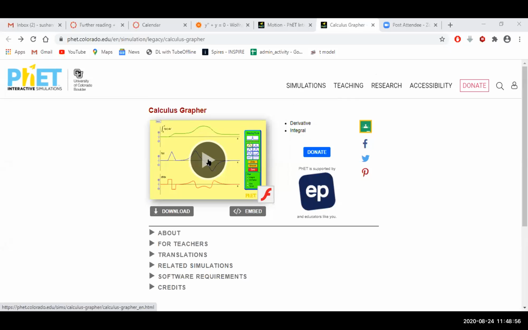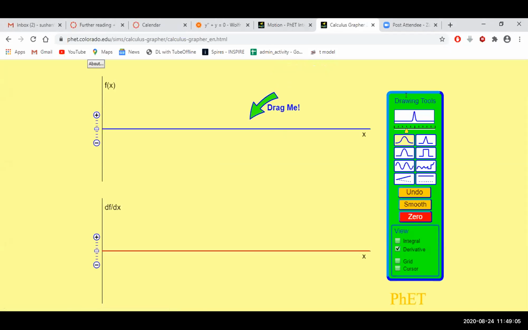You can just look at me right now, but feel free to play with that simulator later. So what this does is, on the right hand side, you can make various functions over here. And so in the upper graph, by the way, can all of you see this? Yes, Professor. So over here is the function, and down over here, it will show you what the derivative is. So first, let me choose the constant function.